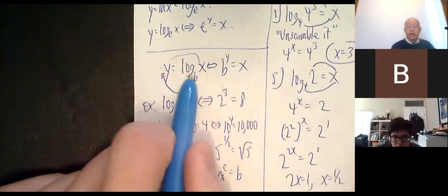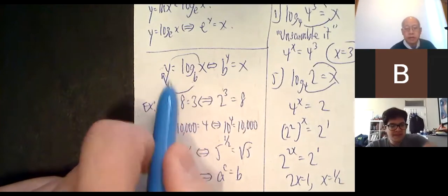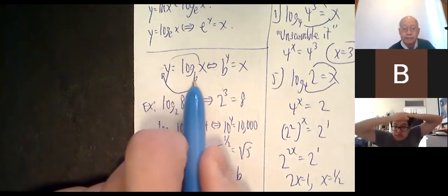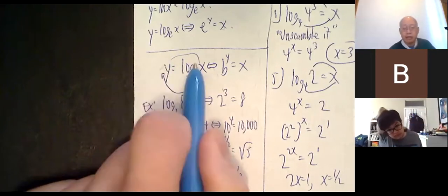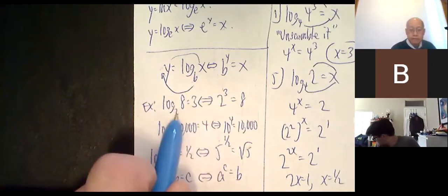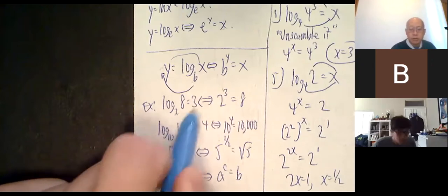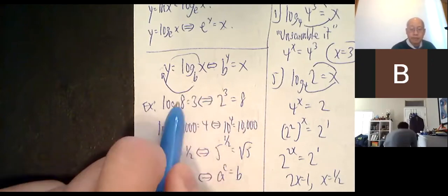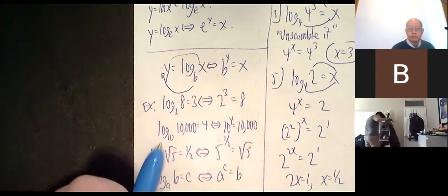The log might be on the left side or the right side, but the rule is you always cross the equal sign for the exponent. So if you look over here, to cross the equal sign, you'd have to go that way, b to the y equals x. But when it's written like this, when you cross the equal sign, you've got to go to the right. You just look at where the equal sign is. The other side of the equal sign is the exponent, so 2 to the 3rd power, and then come back in for the result of 8. And we know that 2 to the 3rd is indeed 8.